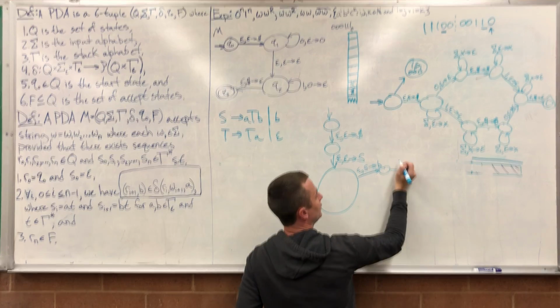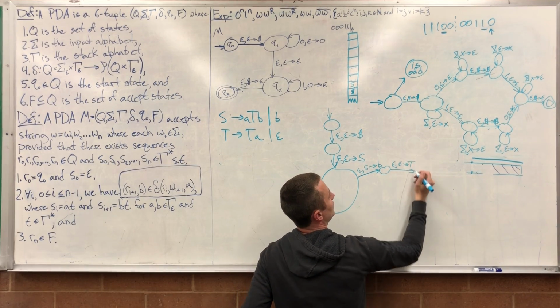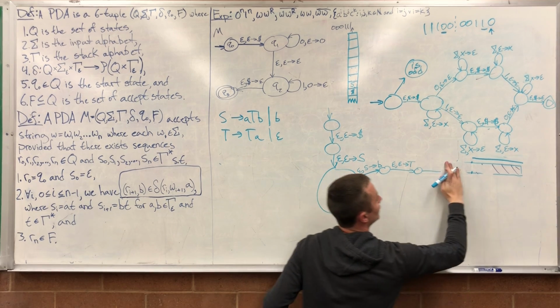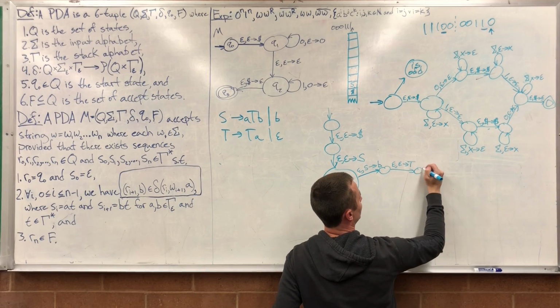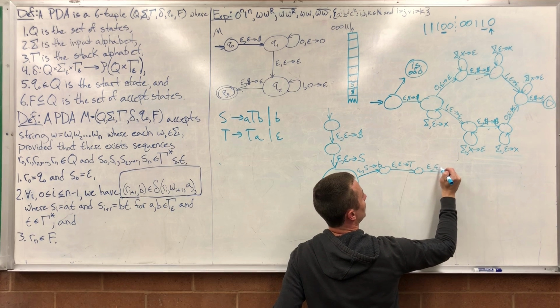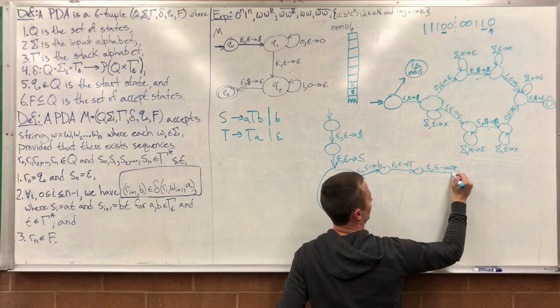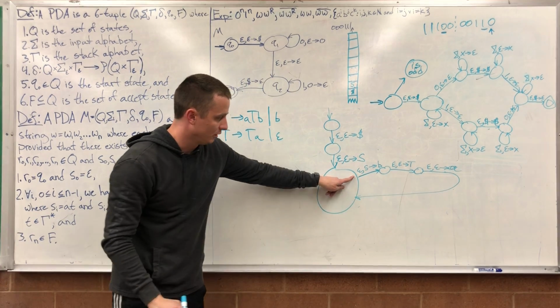And then on the next one, reading nothing, popping nothing, we're going to push a T. And then here, this is actually going to circle back around. So I'll just start like that. Reading nothing, popping nothing, we're going to push an A, and then this is going to circle back around, like that.